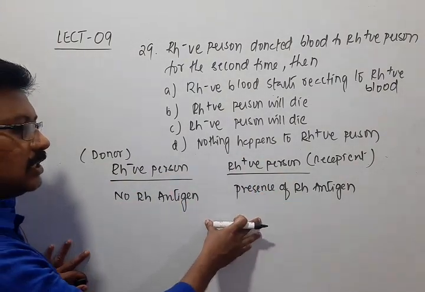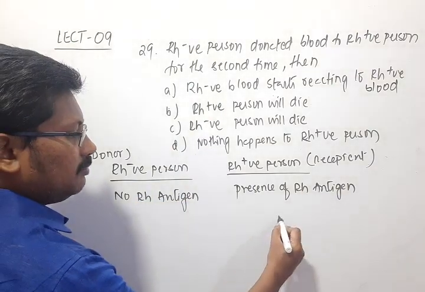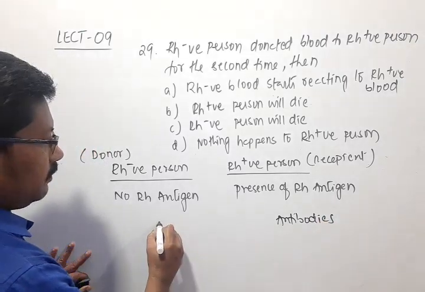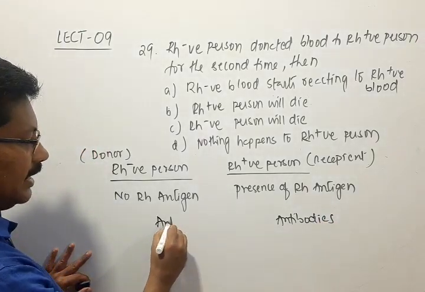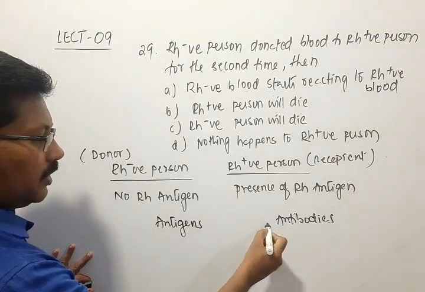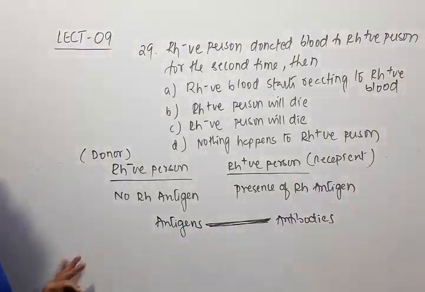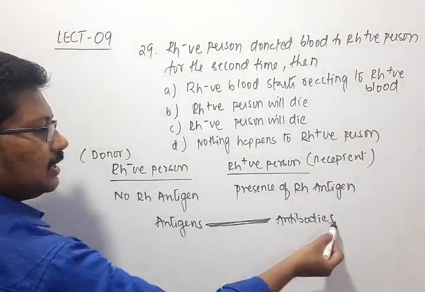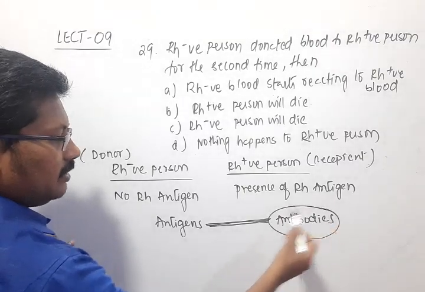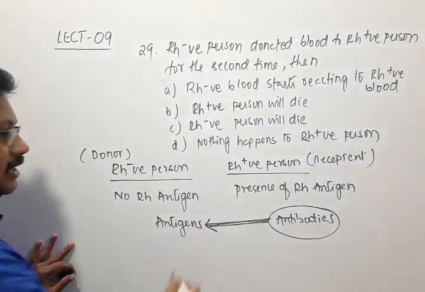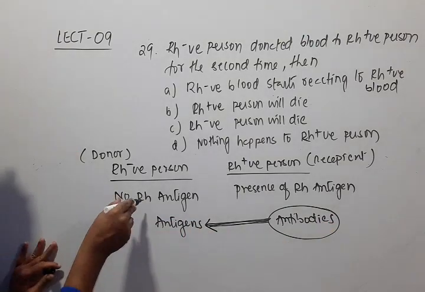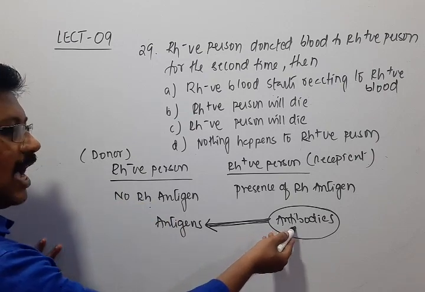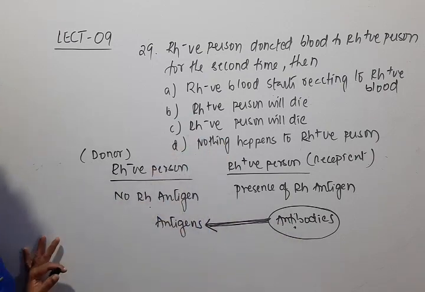So we know the reaction is that the recipient's antibodies will fight with the donor's antigens. This is how the fight between antigen and antibody takes place. It is always the antibodies of the recipient that fight with the antigens of the donor. Here, as there is no RH antigen at all, there will be no production of antibodies against RH antigen.